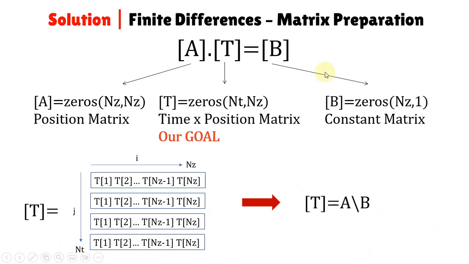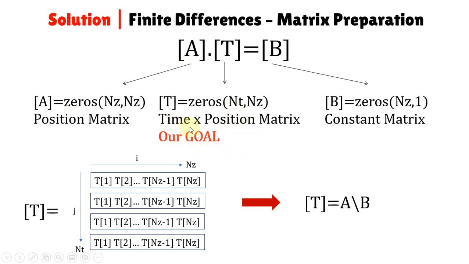Okay, next. This is the main program we will construct in the MATLAB script: A multiply T equals B. A is zeros, with NZ points, where Z is the position matrix, the same as the coefficients of T. T is our goal, the temperature at every time and every position.